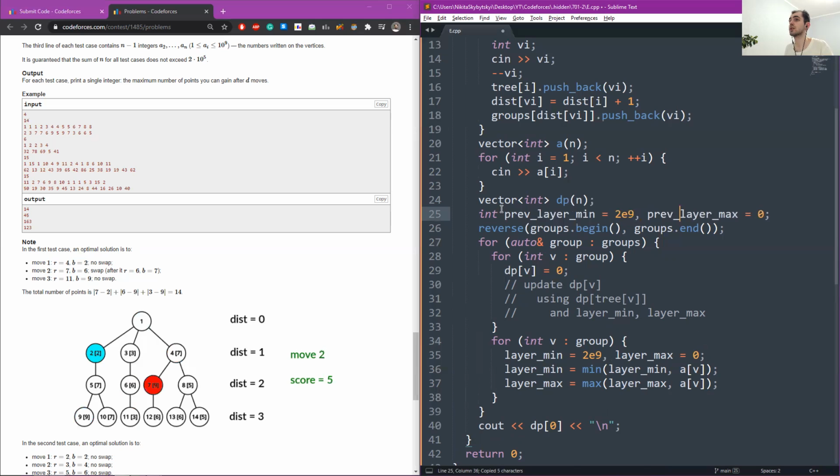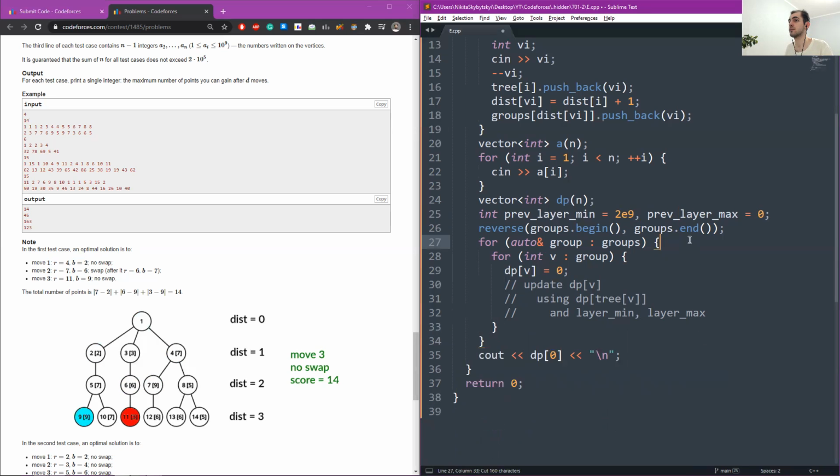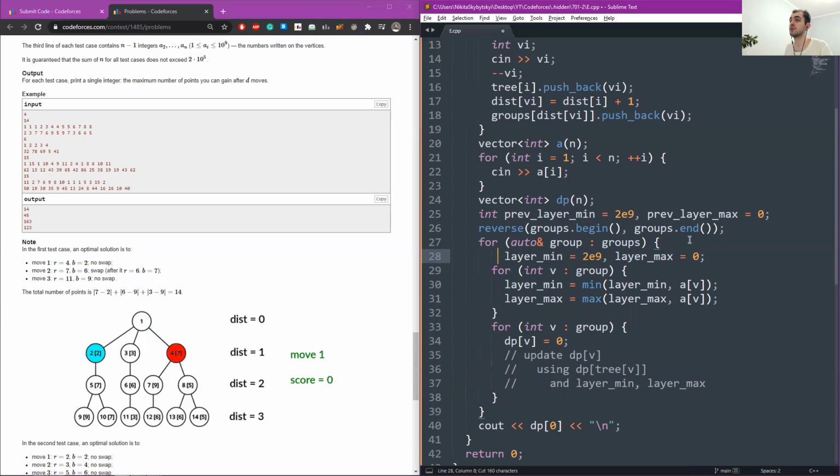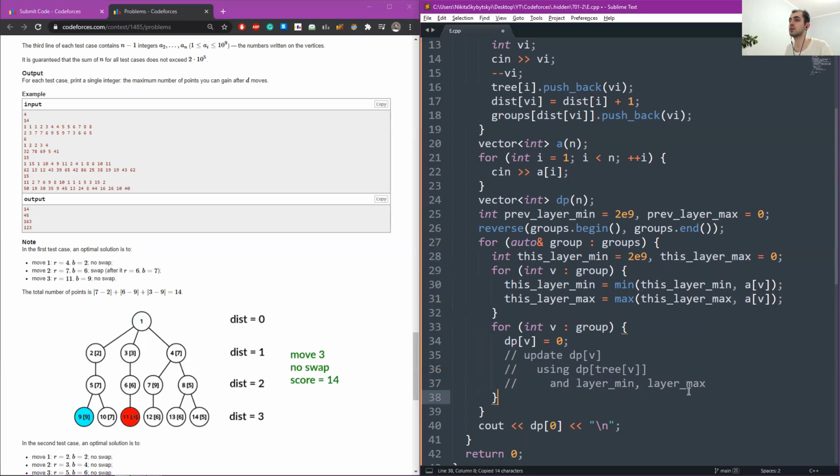Maybe what we need is actually some sort of context like this, where you first say this layer, I mean this layer max. Here you get this and this.